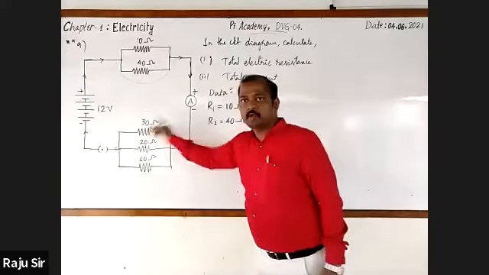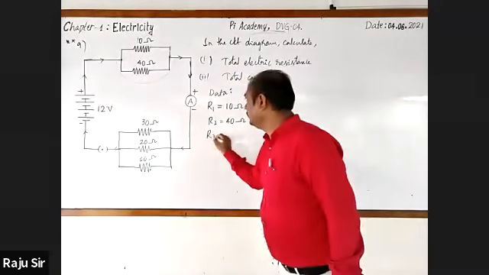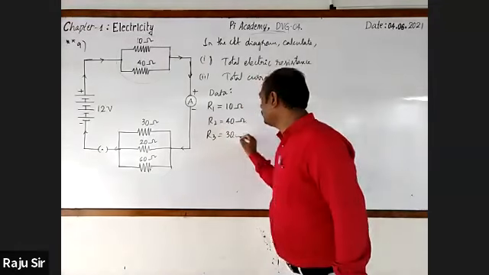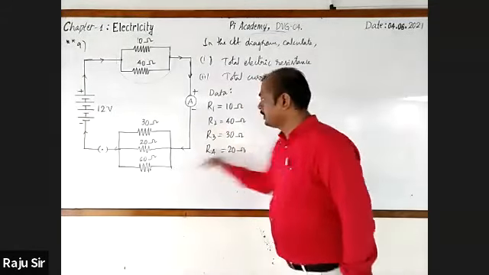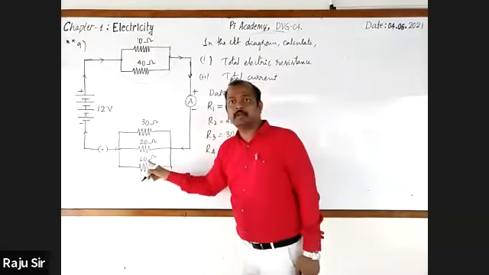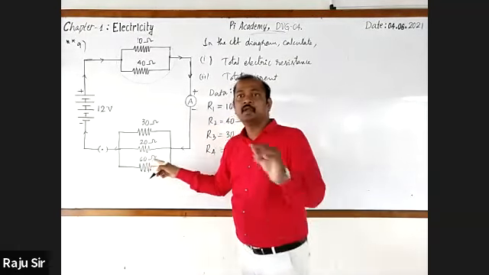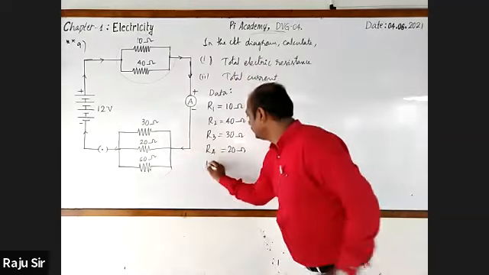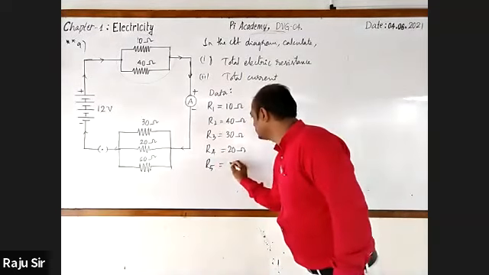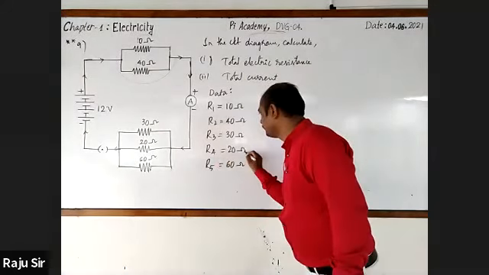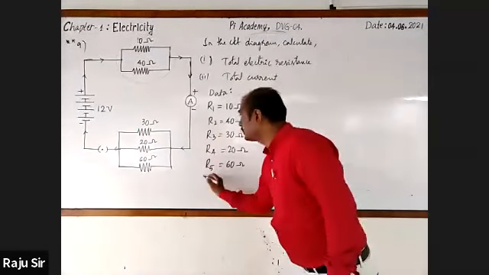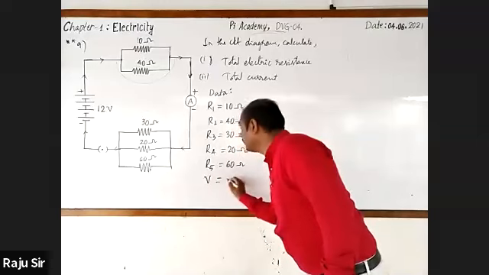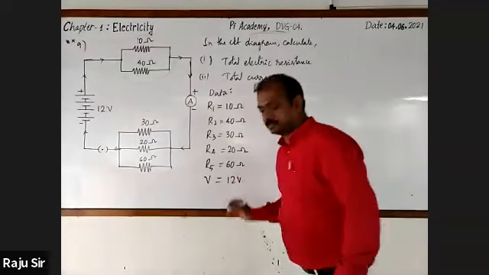R3 is 30 ohm. R4 is 20 ohm. Then R5, the resistance of the fifth resistor, is 60 ohm. Next, voltage. They have given it. It is 12 volts.